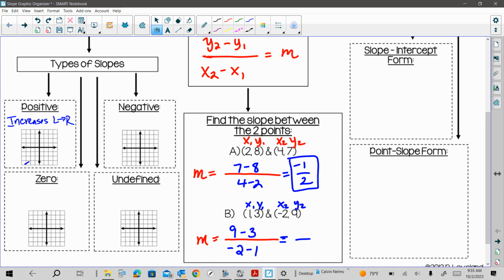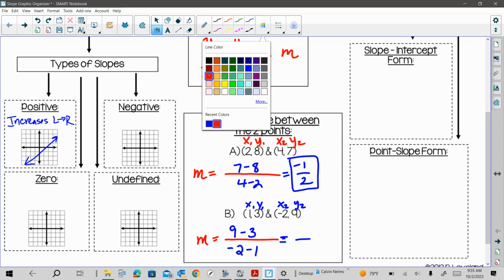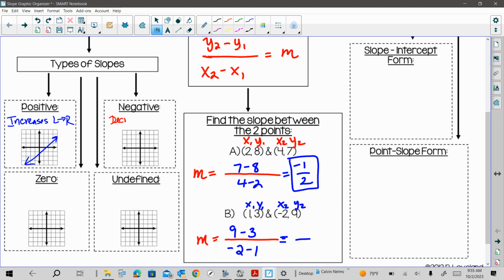So just draw an example of a positive slope. All right, negative slope, this slope decreases from left to right. So we just need an example of a negative slope.